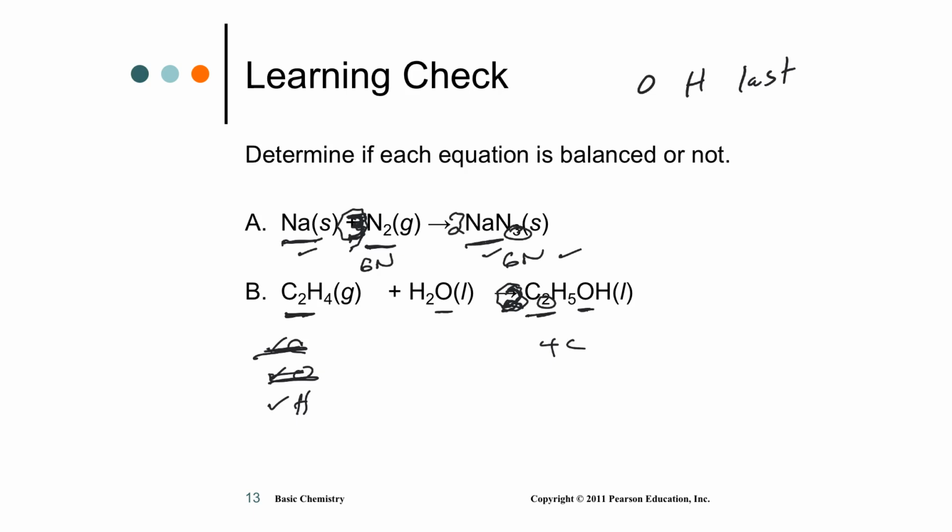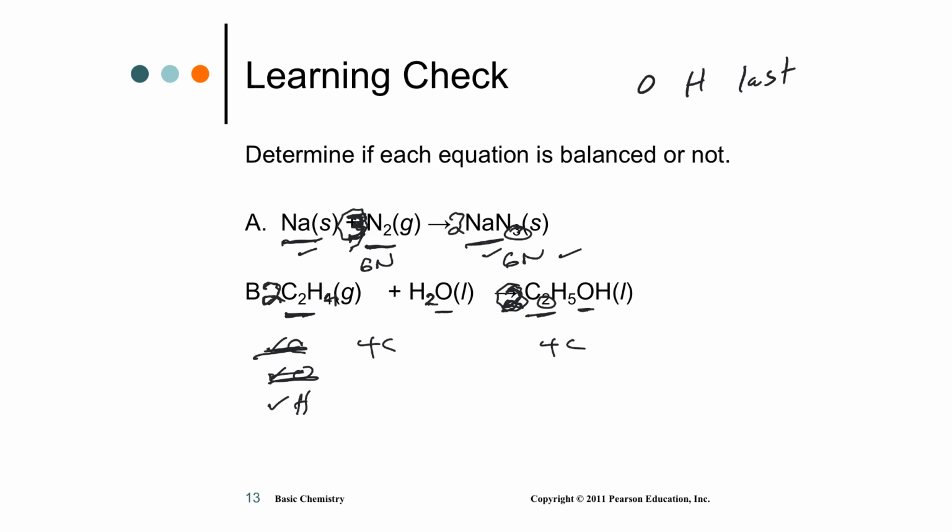Well, I've got 2 embedded, so I have to multiply the whole thing by 2. So I have 4 carbons. So carbons are fine. All right. Now, what has that happened to the hydrogen? I've got 2 times 4, that's 8. Okay. Plus 2 more.